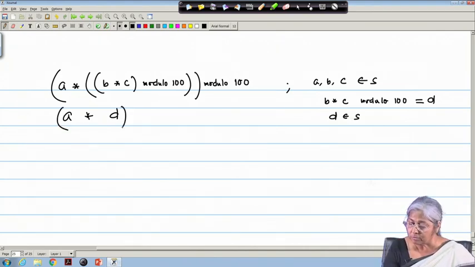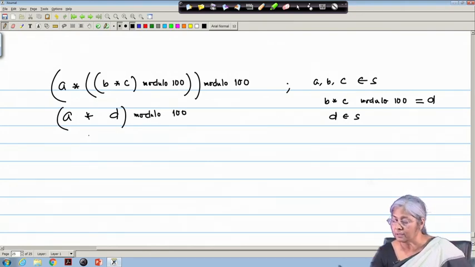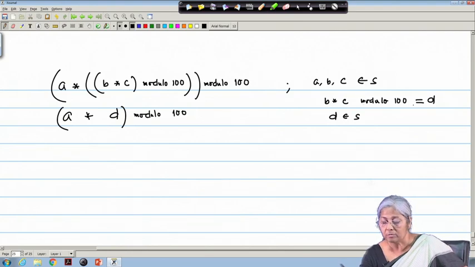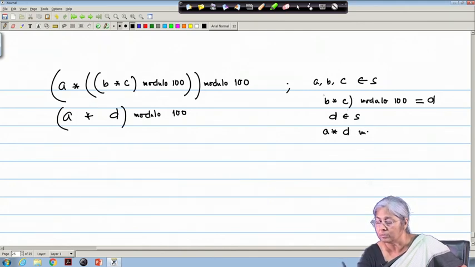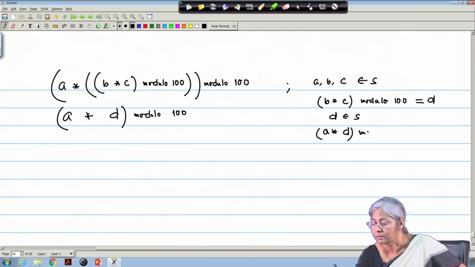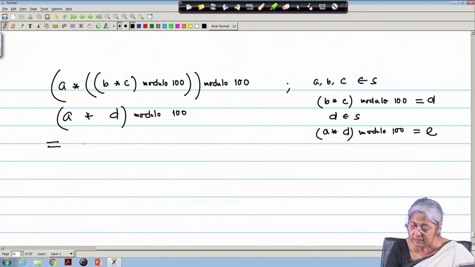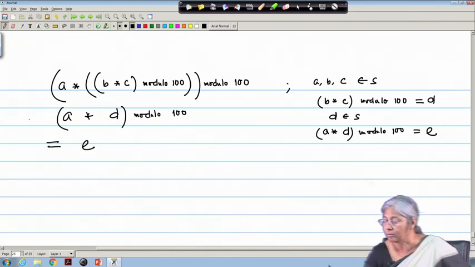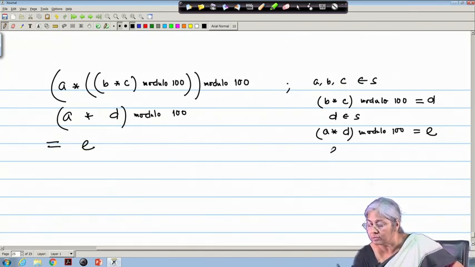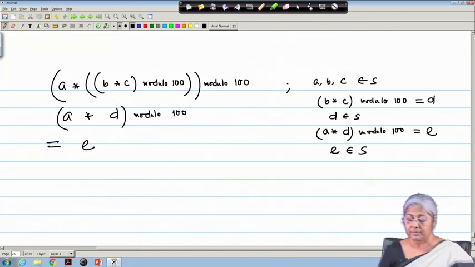So, this now becomes A star D modulo 100, and let A star D modulo 100 be E. So, say my result is E. Here E also belongs to S.